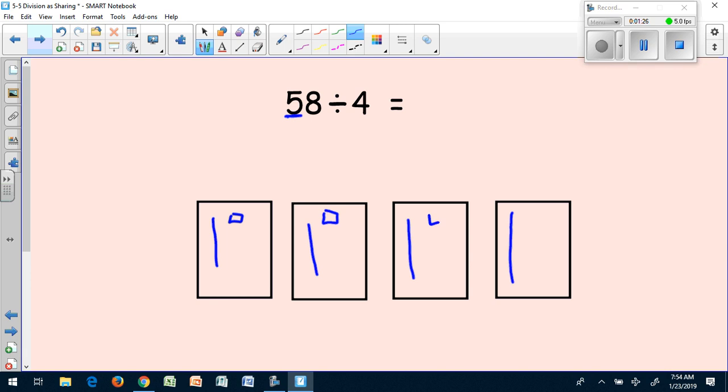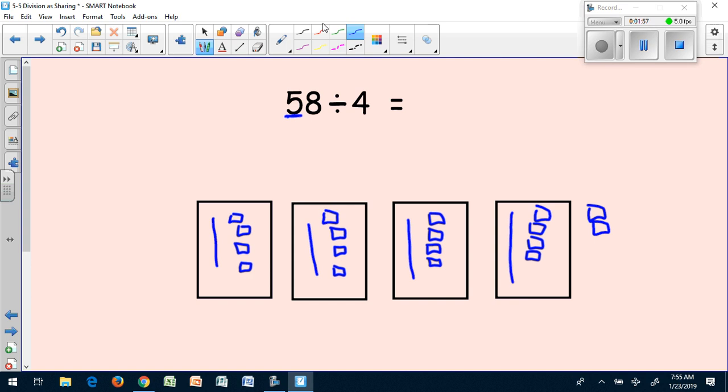It's 41, 42, 43, 44, 45, 46, 47, 48, 49, 50, 51, 52, 53, 54, 55, 56. I'm at 56. I know I don't have 4 more to put 1 in each group, so I'm going to have 2 left over, 57, 58.